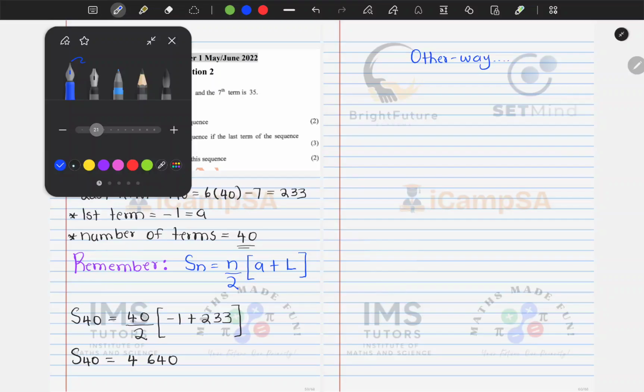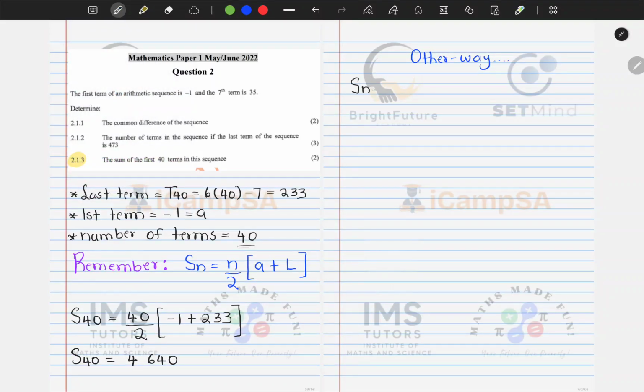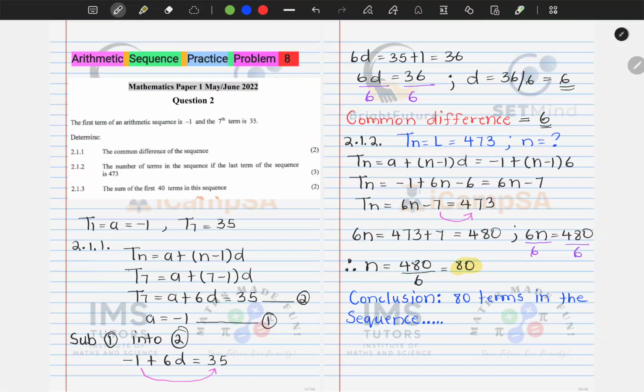What is the other way? The other way is using our definition, S_n is n over 2 into 2a plus n minus 1 times d. So we already know that our a is -1 and our d we did find to be 6.